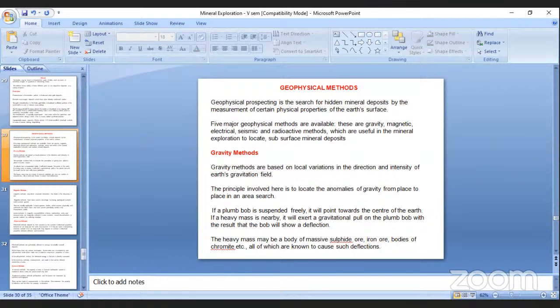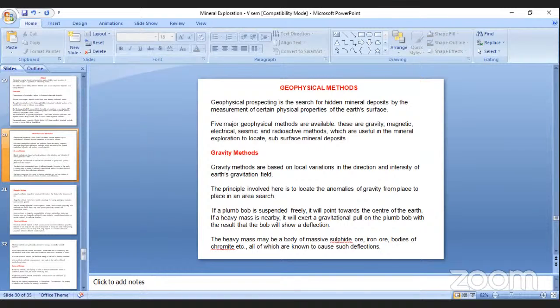These 5 methods are very important for searching for mineral deposits using physical properties of the Earth's surface, which are useful for exploration and to locate mineral deposits in the subsurface.